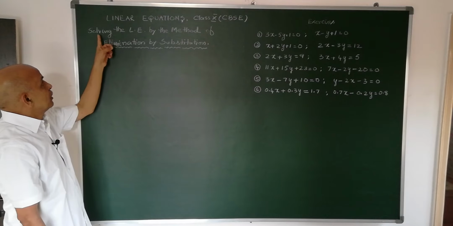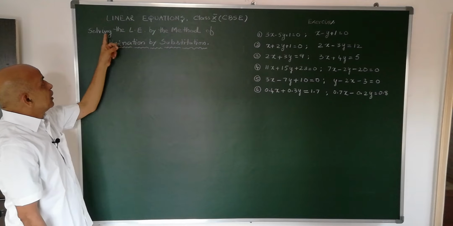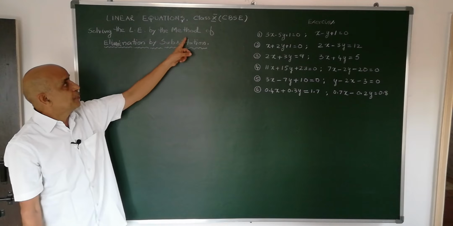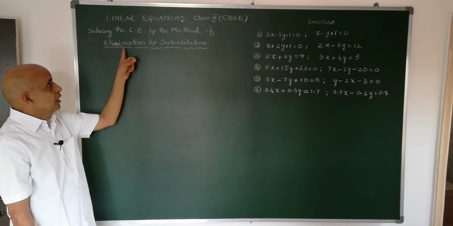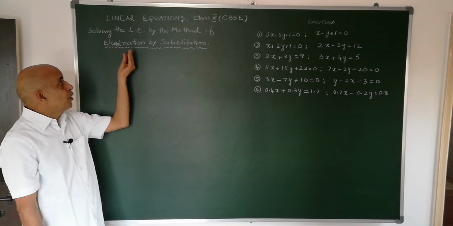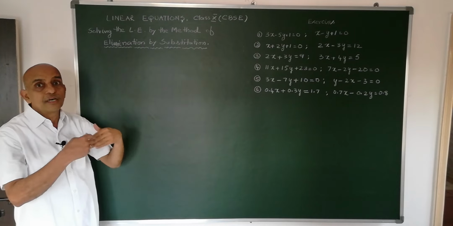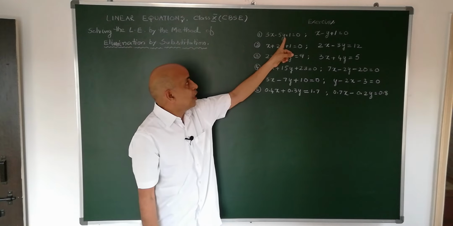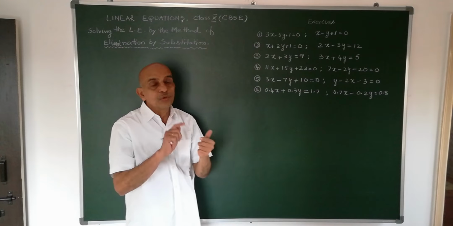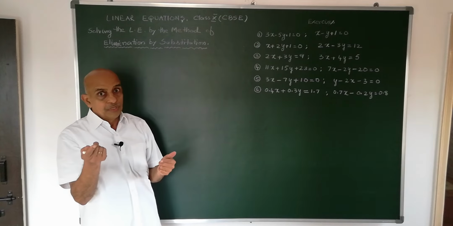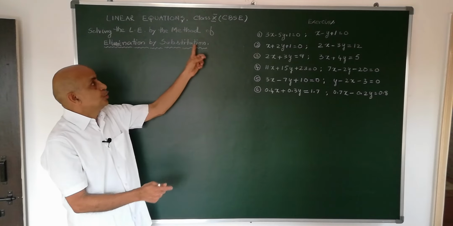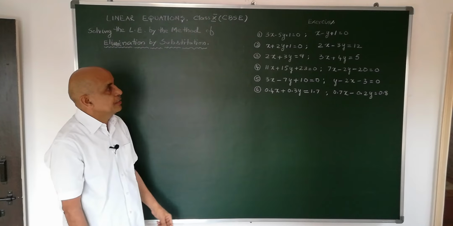Now we are trying to learn a method to solve the linear equations by the method of elimination by substitution. What do I mean by elimination? Removing, taking out. So that means among these two unknowns, one unknown we will eliminate. How do we eliminate that one unknown? By substitution. Let us see what it means.